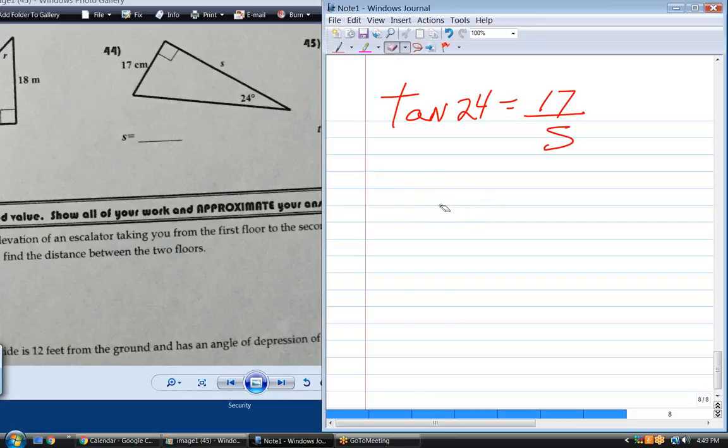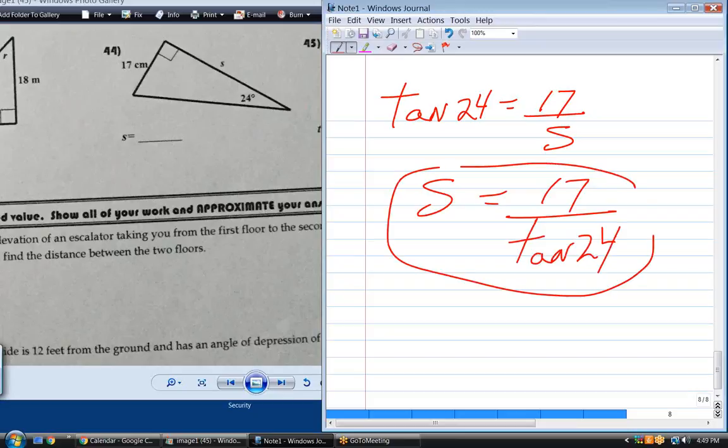We're only going to use the inverse trig functions when we're trying to solve for an angle, not a side. In this case, we're solving for a side. The angle's already solved for us. So at no point are we going to need the inverse trig function here. If we solve this equation, we get s equals 17 divided by tan of 24.